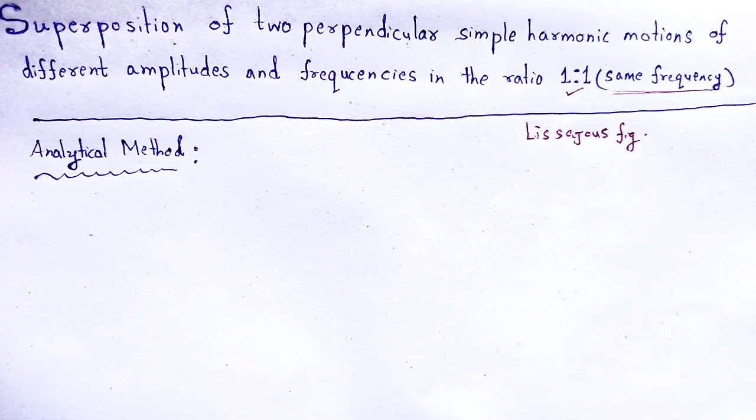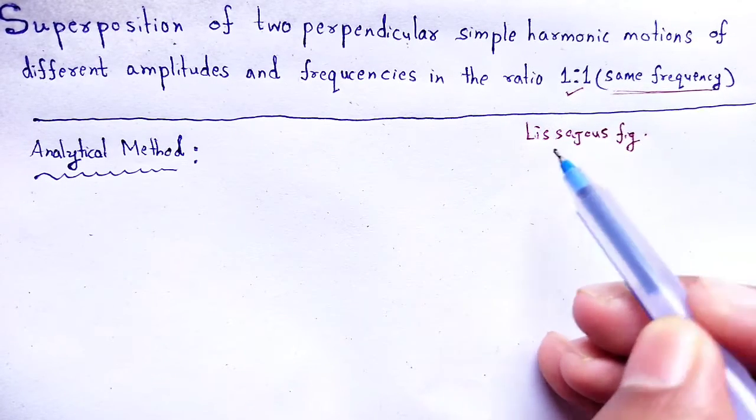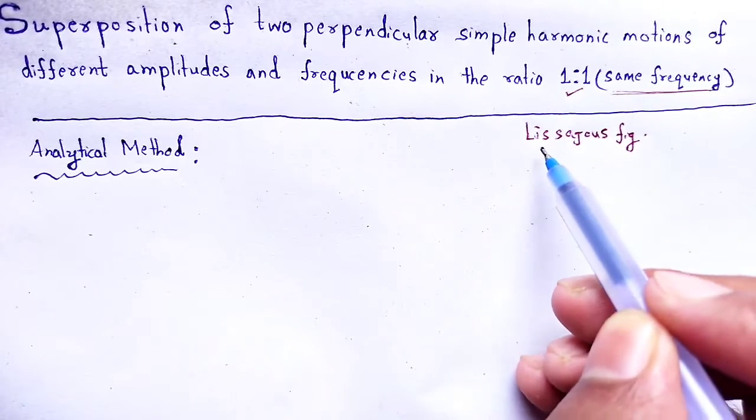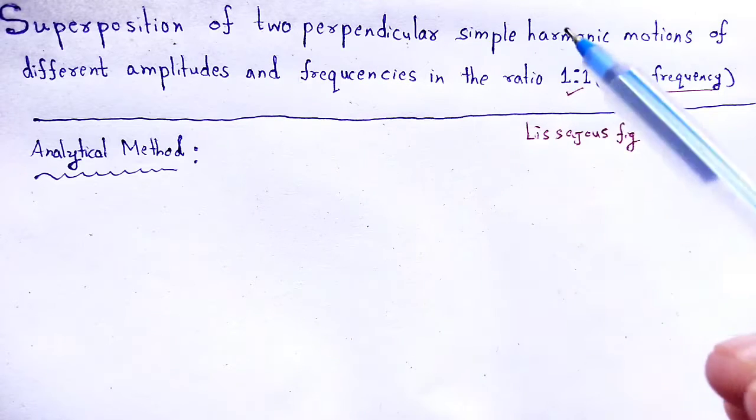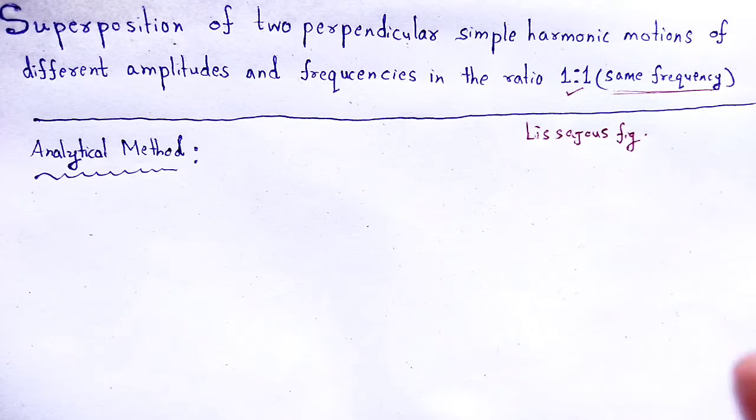Here the Lissajous figure is the figure denoted by the scientist Lissajous regarding the superposition of two perpendicular simple harmonic motions.